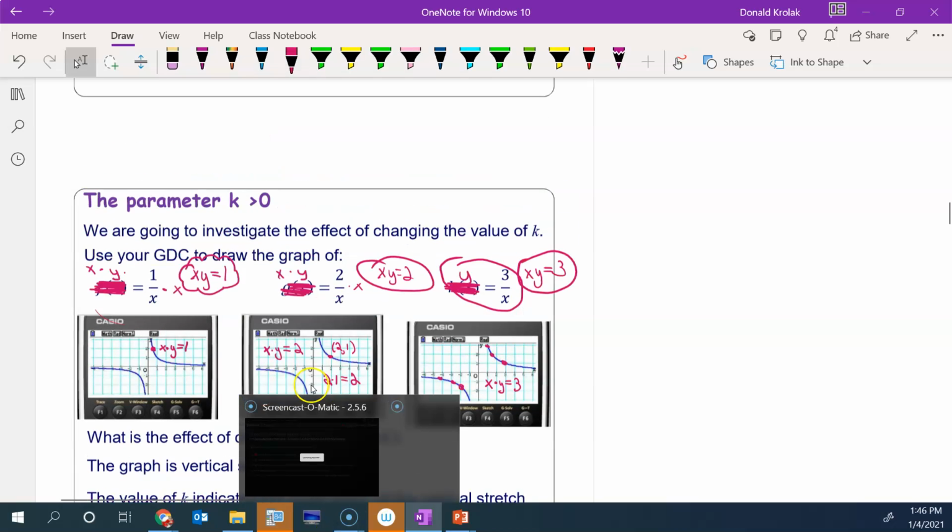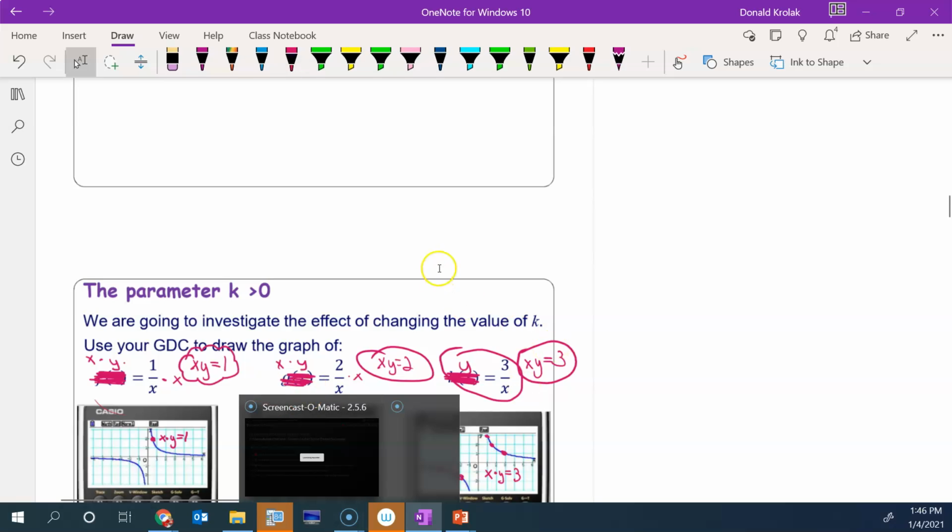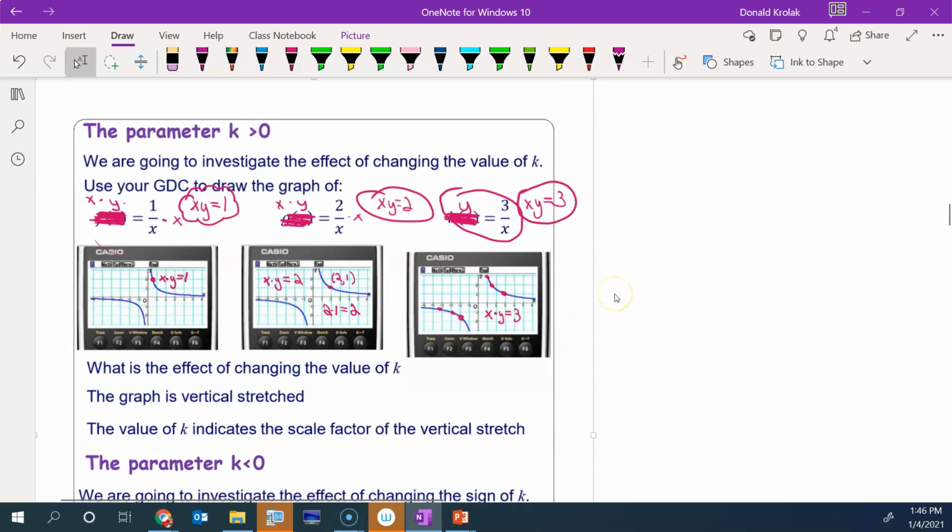And then what we learned was, as the number on top got bigger, the graph moved away from the origin. For each one of these, as the top number got larger, the graph got further and further away from the corner, because these numbers vertically stretch the graph. This vertically stretches it by a factor of 2.